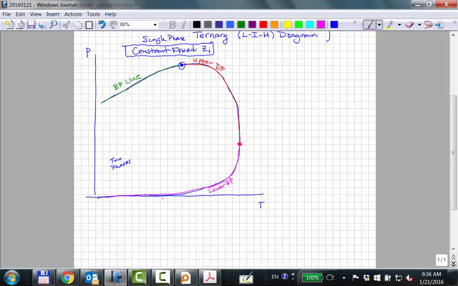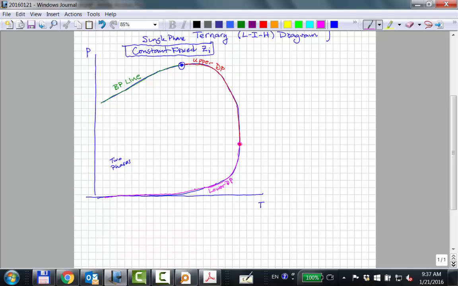You cannot go to the laboratory and take a reservoir mixture and go to a very low pressure and get everything to become single-phase gas with one little droplet of liquid. So typically, in the range of conditions in the reservoir, and I probably should have drawn this even further down here, the lower dew point usually is so low it's of no interest. Okay? It's not at a pressure of any interest for petroleum reservoir fluids.